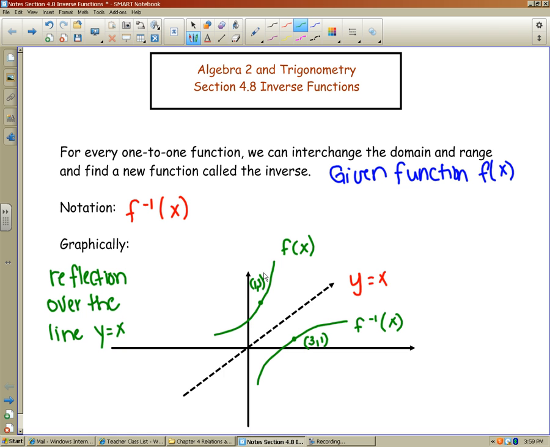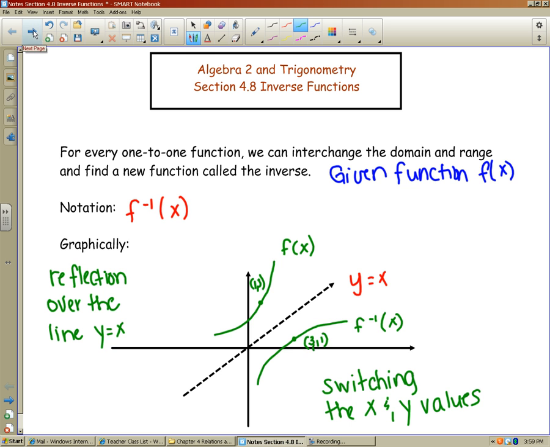So we can reflect the entire graph, but it also means switching the x and y values or switching the domain and the range. So function notation for inverses, f to the negative 1 of x, graphically reflects over the line y equals x, switch the point, 1, 3 becomes 3, 1.